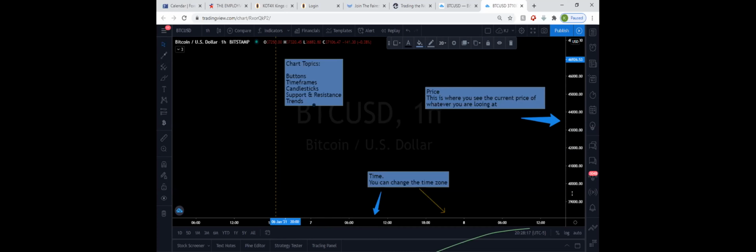If Bitcoin was at $40,000 right now, you would see candlesticks and lines moving. You'll see that when I scroll down in a few minutes. But this is where the price is of whatever you're trading. It's always going to show up on the right-hand side, no matter what you're trading.